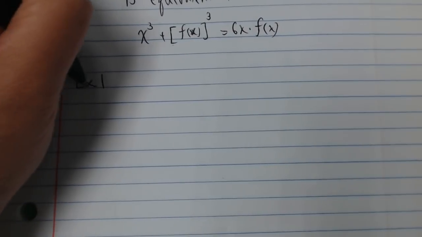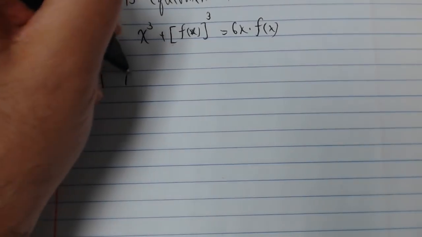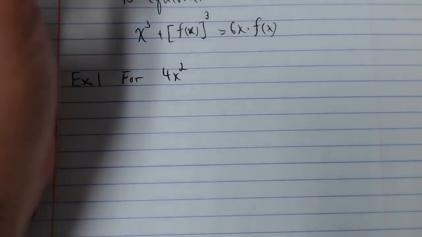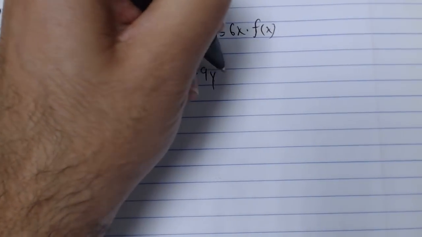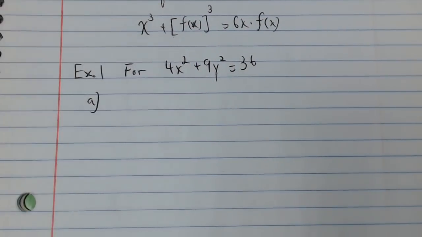For example 1, the point I'm going to try to make is that whether you find derivatives implicitly or explicitly, they both give you the same end result. Except if the equation isn't given to you explicitly, then just use implicit differentiation because it's going to save you some time. So for the equation 4x squared plus 9y squared equals 36, we're going to do this two ways.